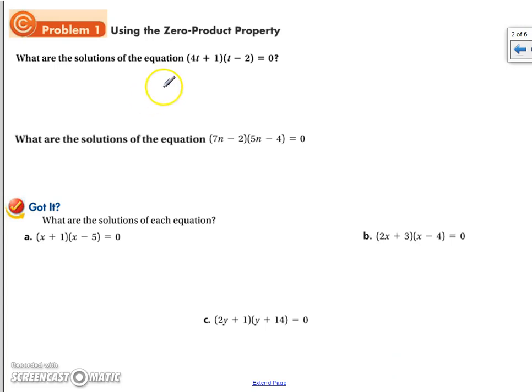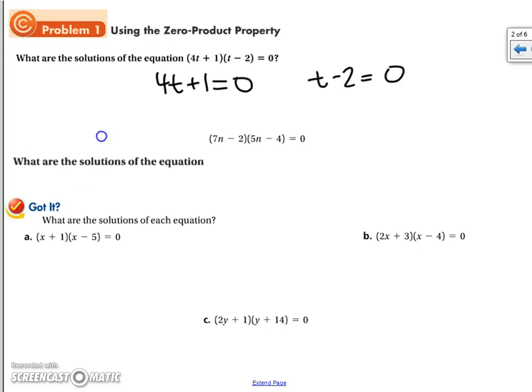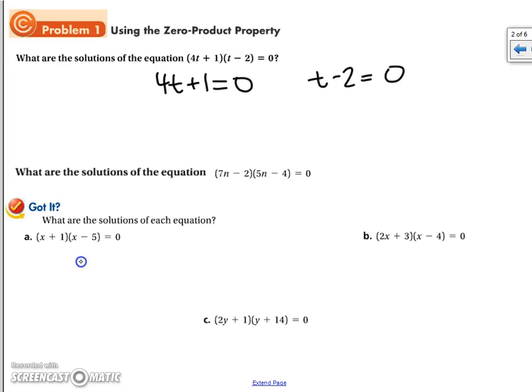Now we're going to practice using this zero product property, and we already have it factored out for us. We say that 4t plus 1 times t minus 2 equals 0. So we're going to set each of those equal to 0: 4t plus 1 equals 0, and t minus 2 equals 0. We solve the first one and subtract 1 from both sides, canceling that out, so we're left with 4t equals negative 1.